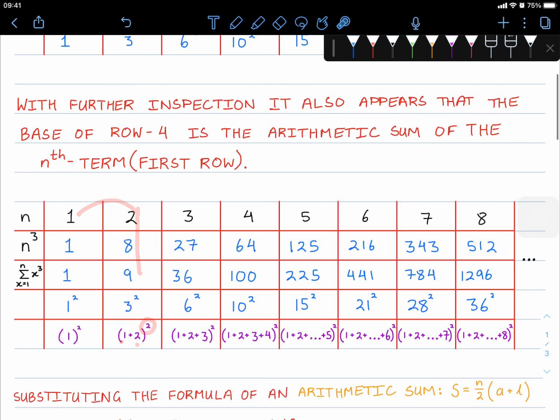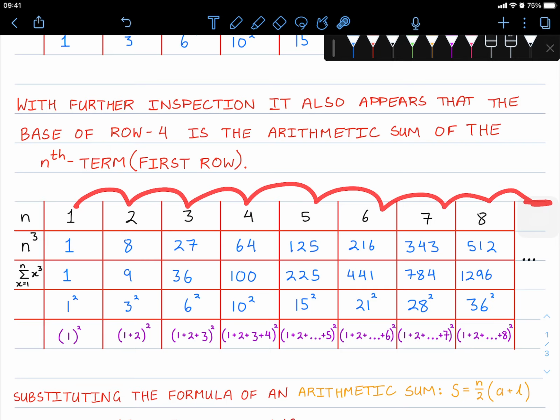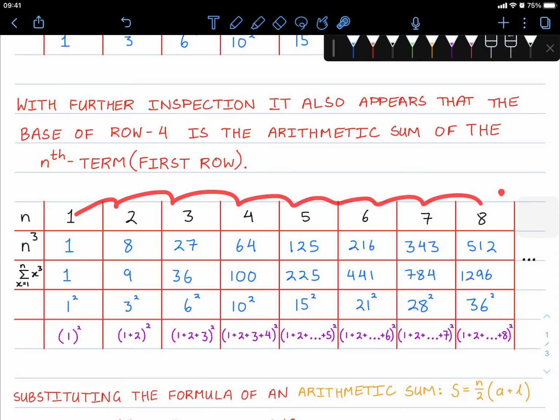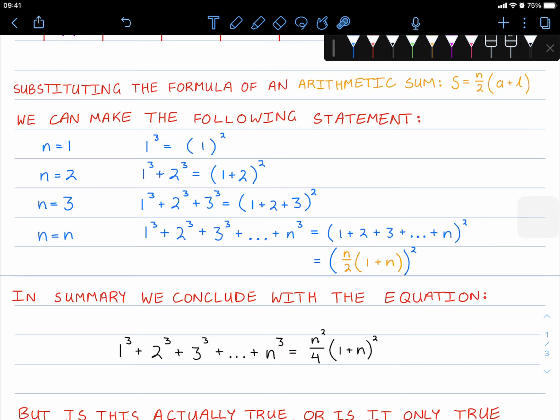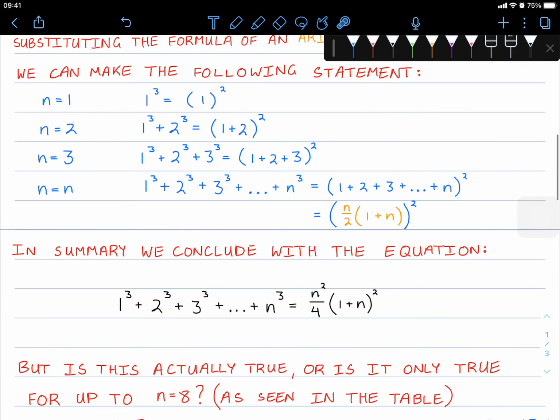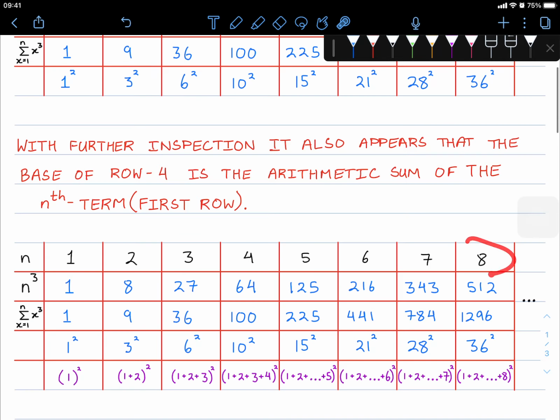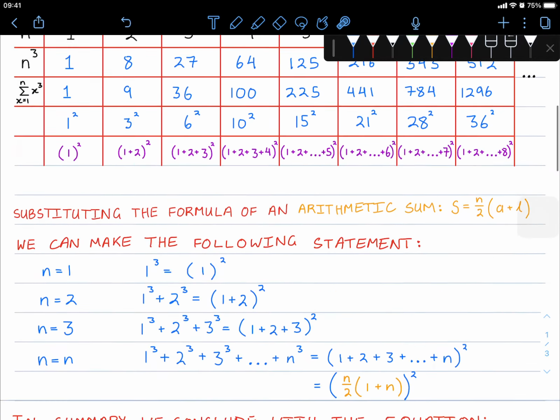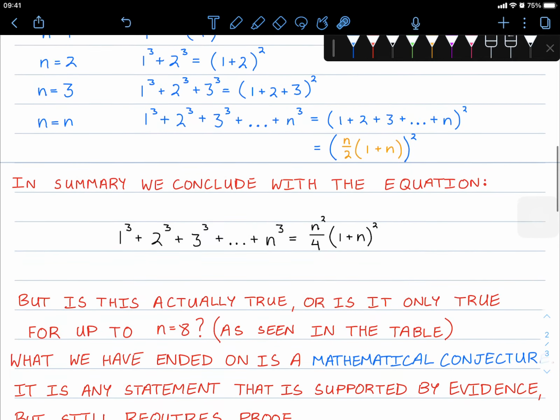If we continue this all the way into the nth term, 1 cubed plus 2 cubed plus 3 cubed plus all the way to the nth term, summing all the cubes, is that the same as the sum of the numbers and then squaring them, just like this? Is it actually true, or is it only the case for up until 8? That's the question for mathematical induction.